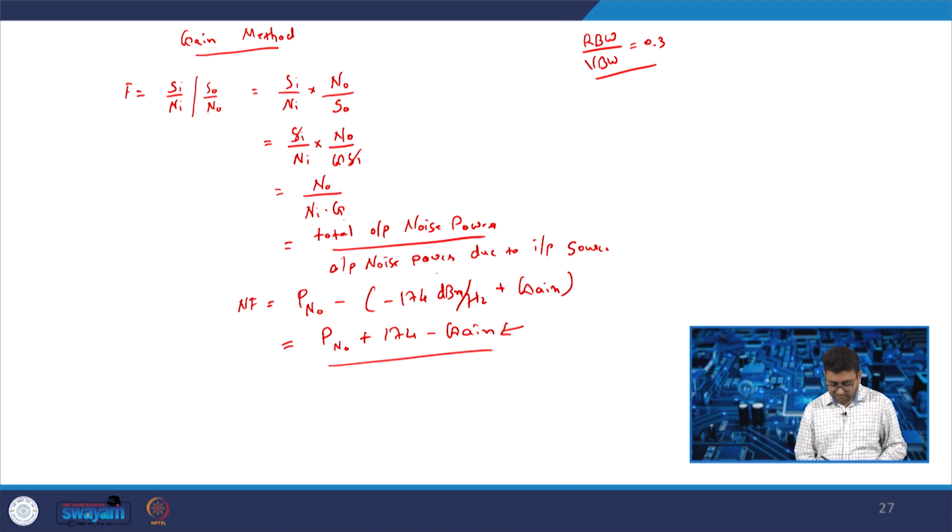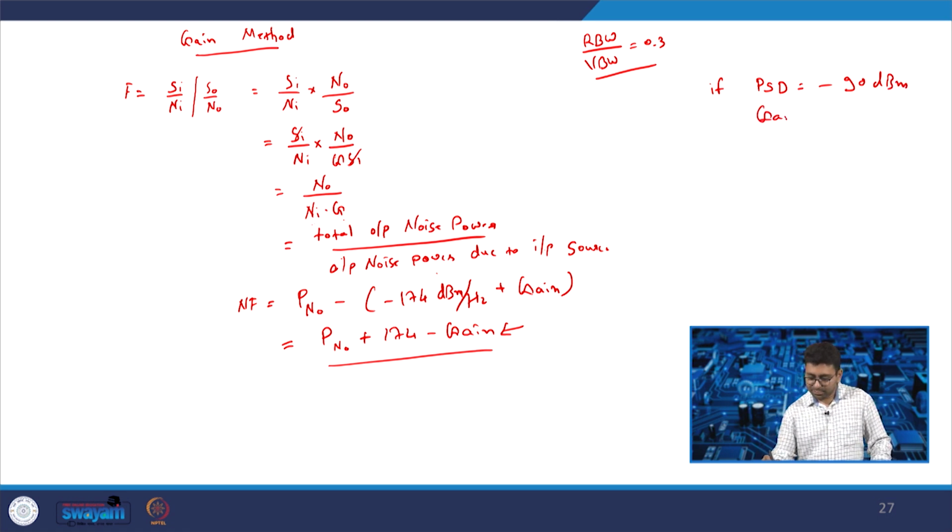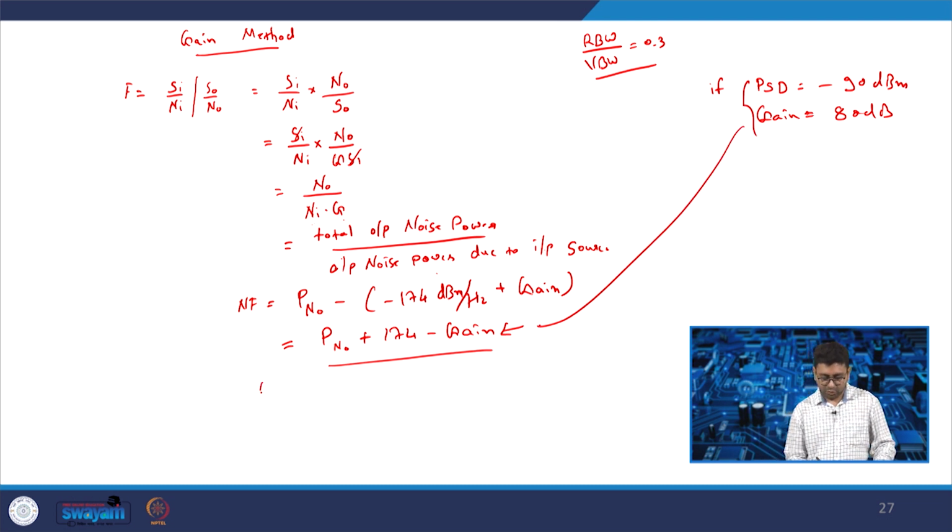For example, if the output power spectral density you are getting is minus 90 dBm, and the gain of the system is around 80 dB, you can easily put this in the equation and find the noise figure.